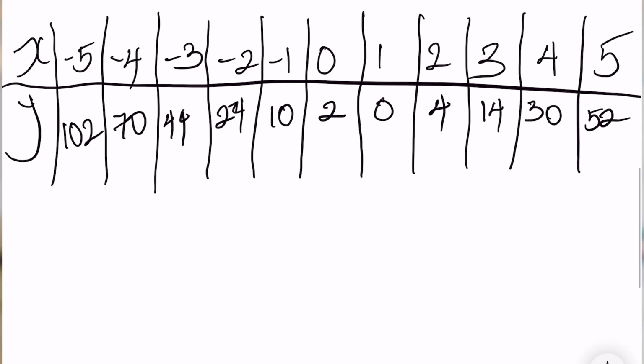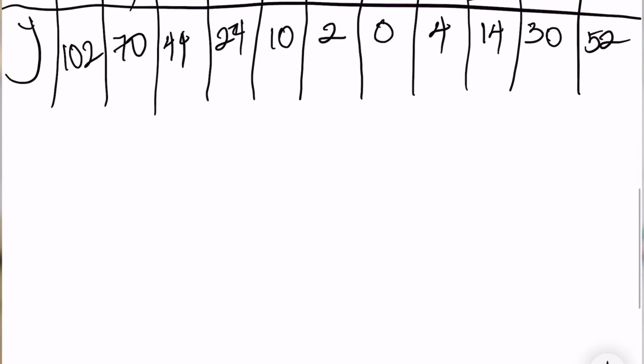Now, we have a graph with x from minus 5 to 5, and for y, the highest value is 102.